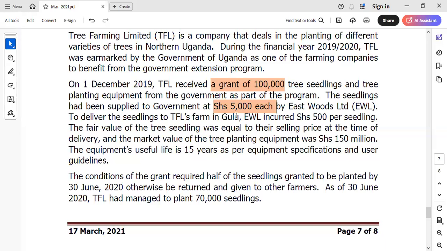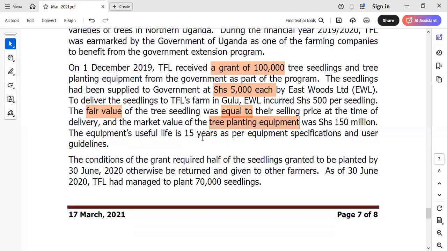It was incurred by EWL. The fair value of the tree seedlings was equal to their selling price at the time of delivery. And the market value of the tree planting equipment, this is another item, was shillings 150 million. The equipment's useful life is 15 years as per equipment specifications and the user guidelines.